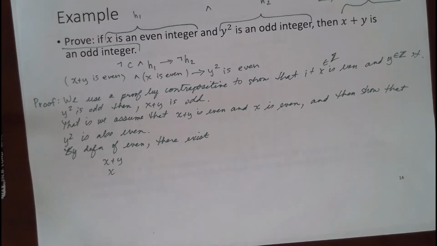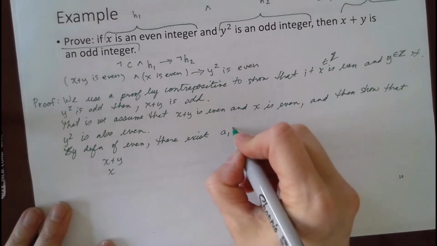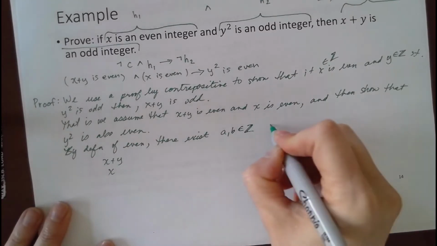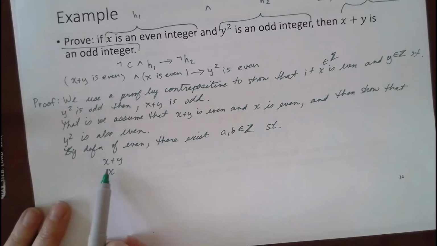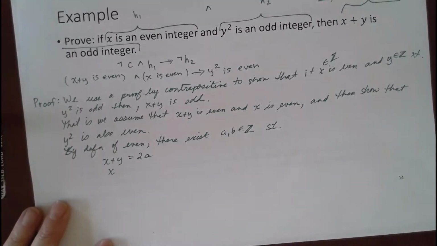So we need to choose two different integers, okay? Maybe just get away from the 2k plus 1, a, b, j, k, m, n, just something. But they have to be different numbers, okay? So let's just do a and b. There exist integers a and b, okay, such that, well, I know x plus y is even, so this is 2 times some integer a. X is even, so that's 2 times some integer b.